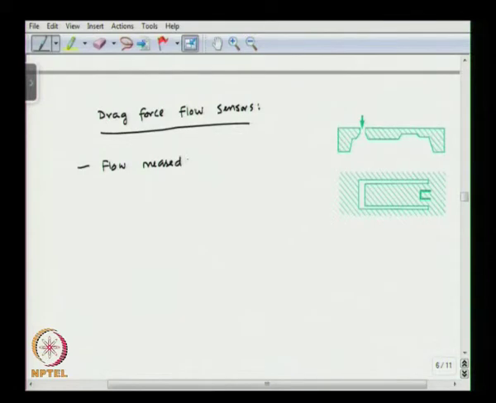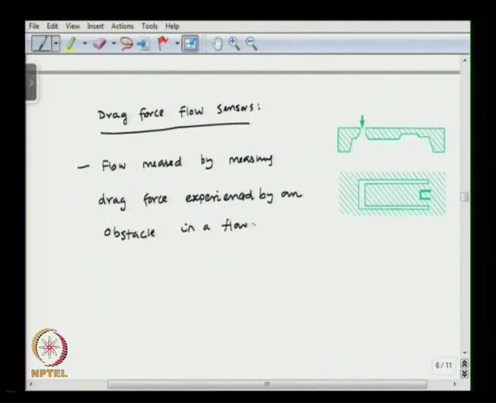So, in a drag flow sensor, the flow is measured by measuring the drag force experienced by an obstacle in a flow. For example, a cantilever, as you can see here.